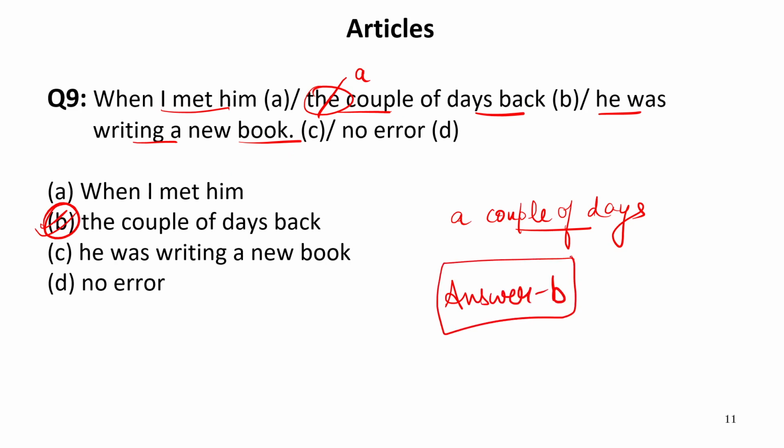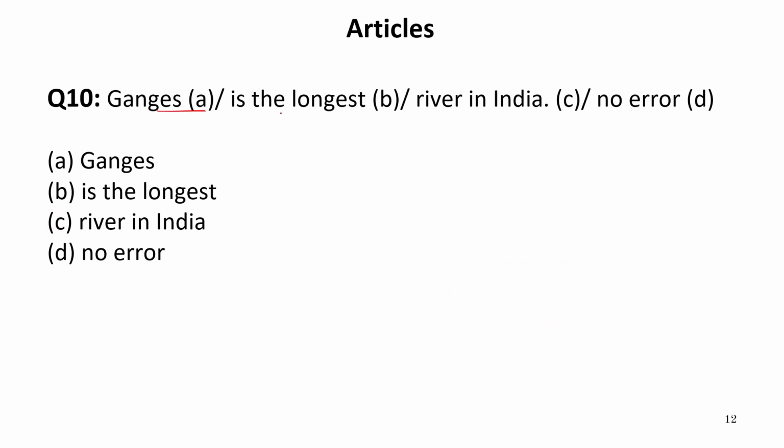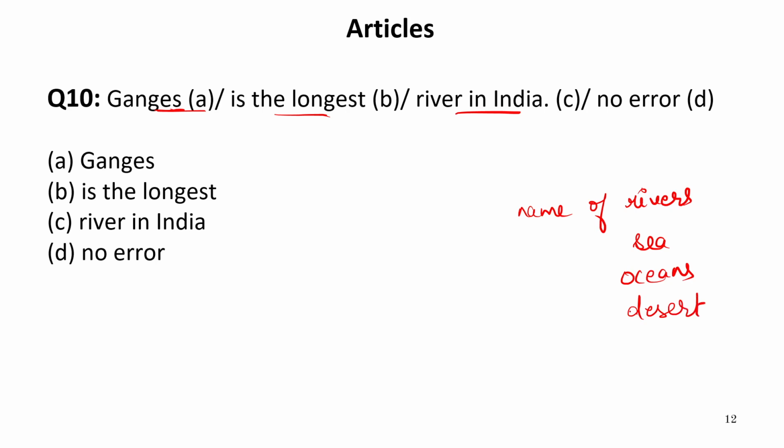Now let us move to the next one. Ganges is the longest river in India. Now it is written Ganges. Before the name of a river, before the names of seas, before the names of oceans, deserts, or any such geographical features, bays, we always use "the".